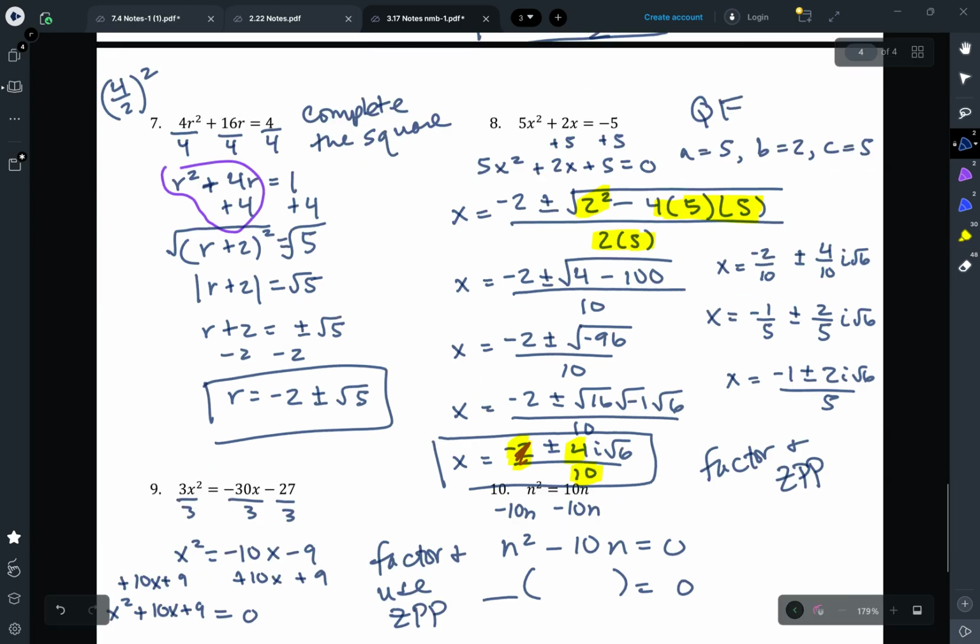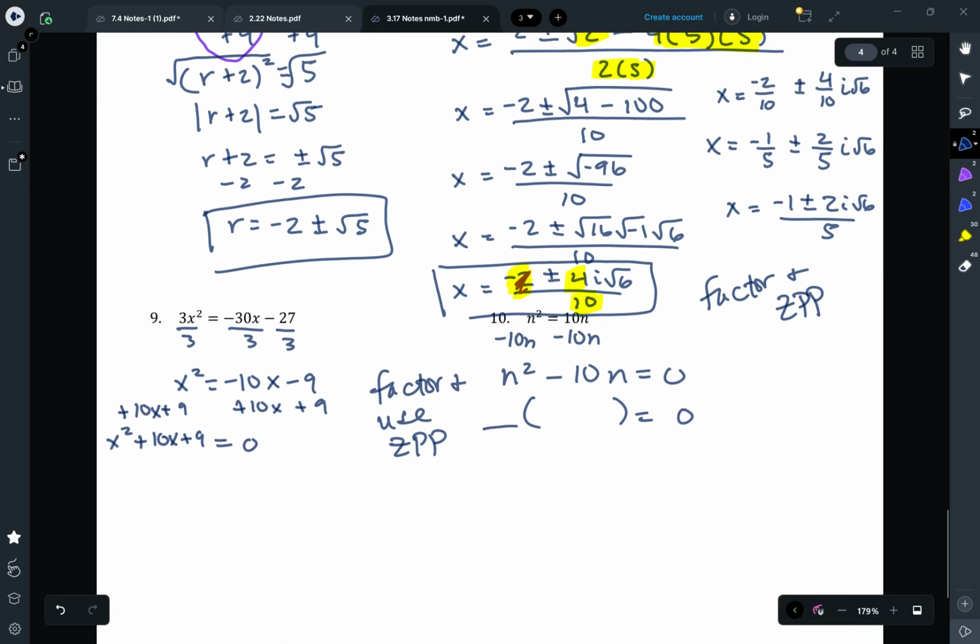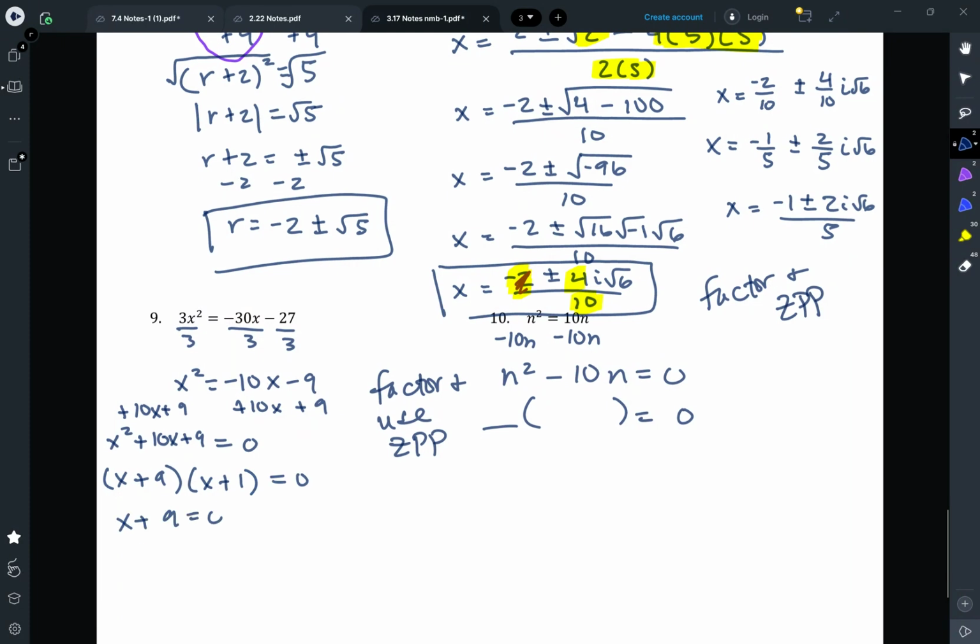All right, last two. We've got a factor. There's two factoring. These are the easiest. So let's see. 9 times 1 multiplies to make 9, adds to make 10. Remember to show all of your work steps when you're doing zero product property. This is really our main idea for today, putting this all together.